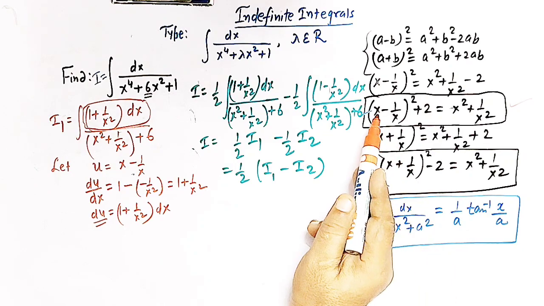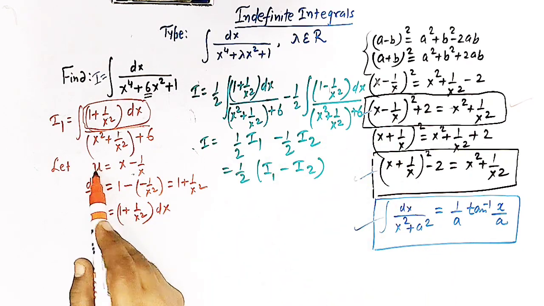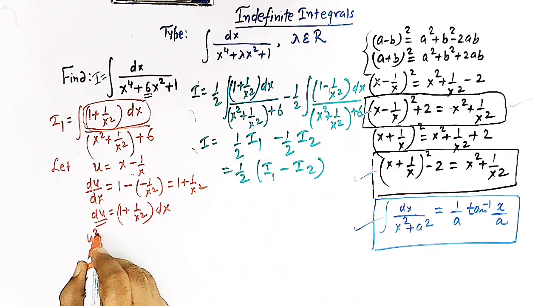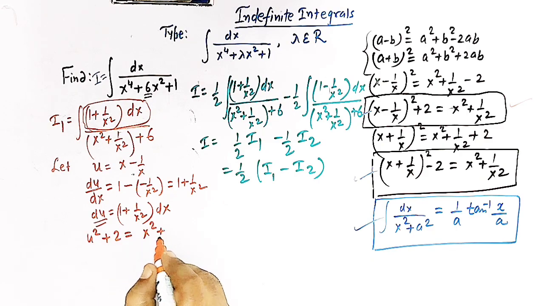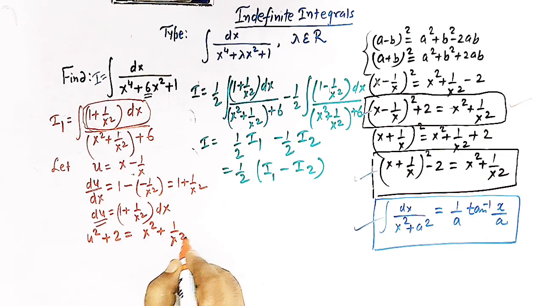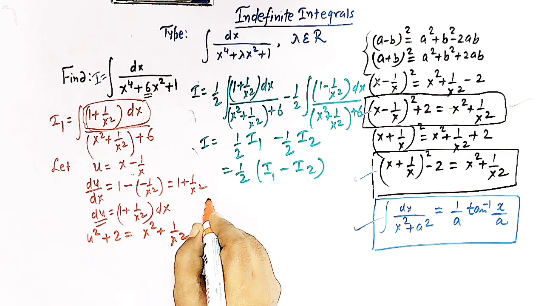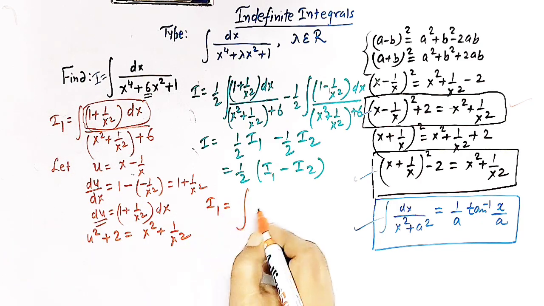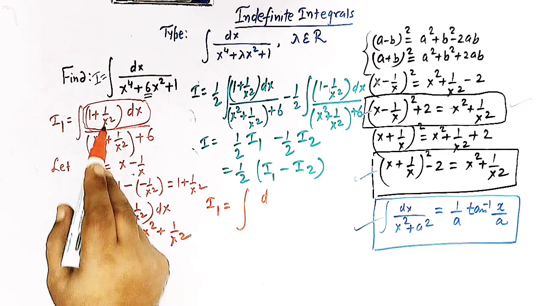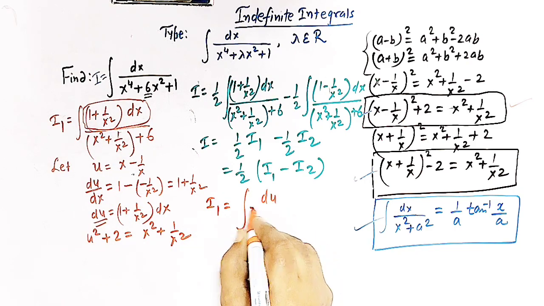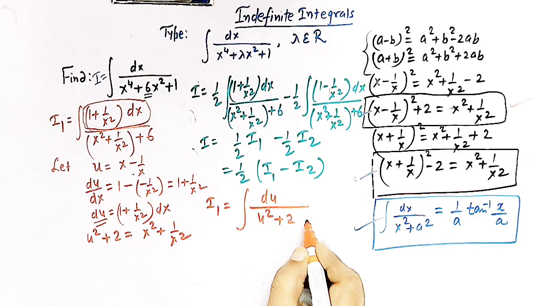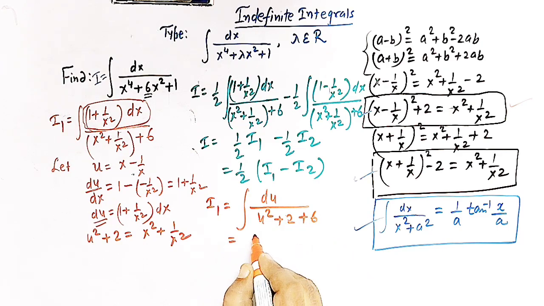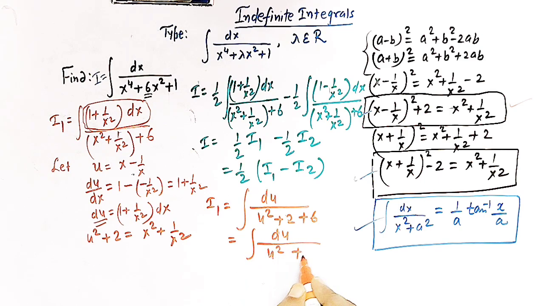So now here taking x minus 1 over x as u, we can write u square plus 2 is equal to x square plus 1 over x square. So now our integral I1 takes the form, here we have du, and then in the denominator we can write u square plus 2 plus 6, that is equal to integral du, and this is u square plus 8.